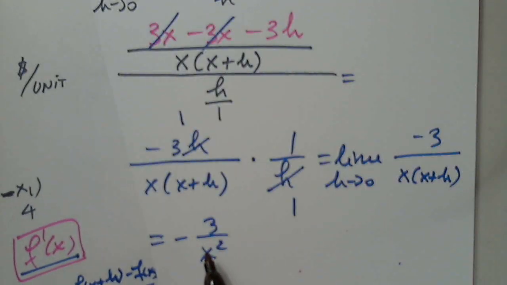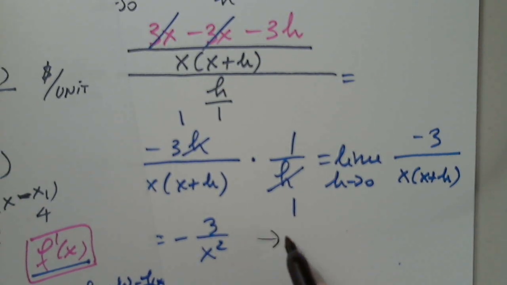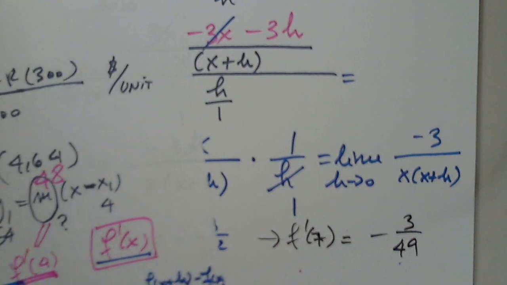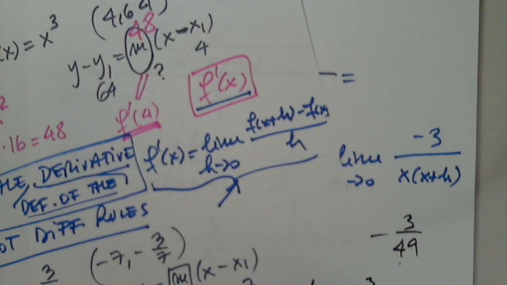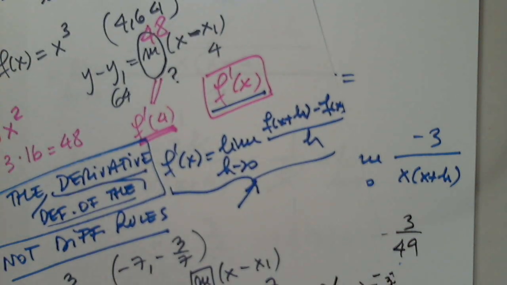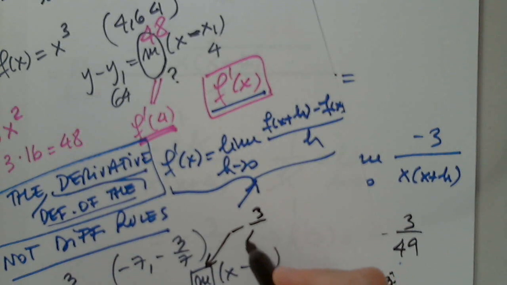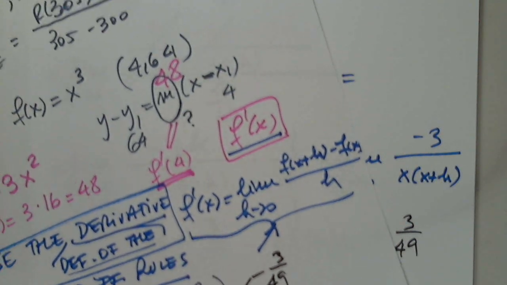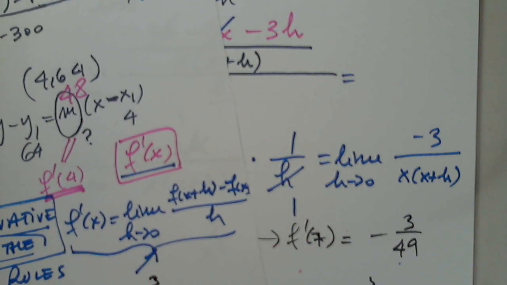And when I plug in 7, f prime of 7 is -3 over 49. This piece. And then you distribute and combine like terms, etc., etc. Is that good enough? Yes.